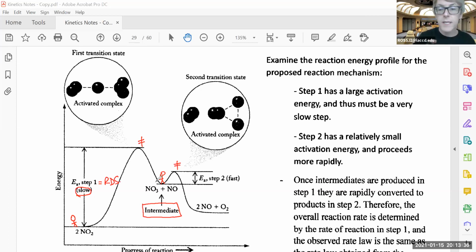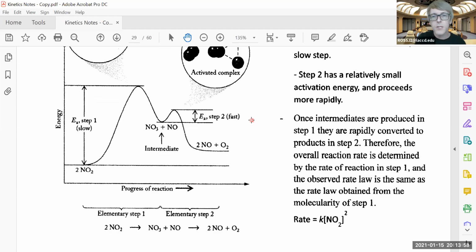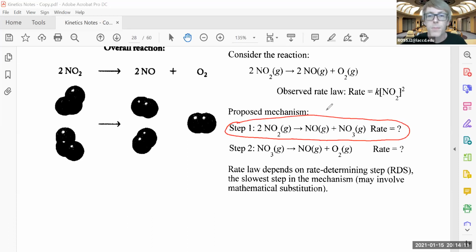Okay. We said on the previous page that the rate determining step is the rate overall. And just to remind each other what that first rate was. So we know now that this is the rate determining step. Okay.